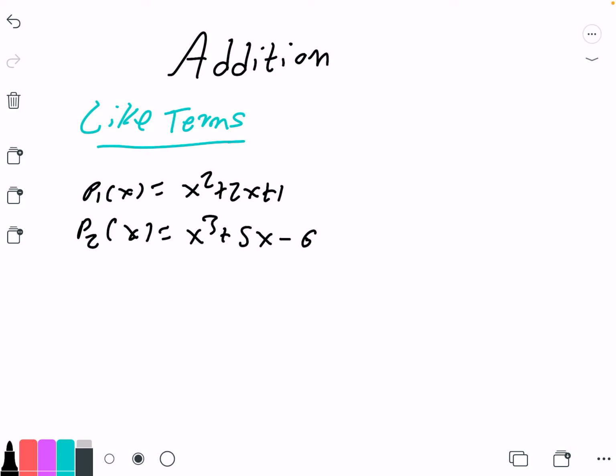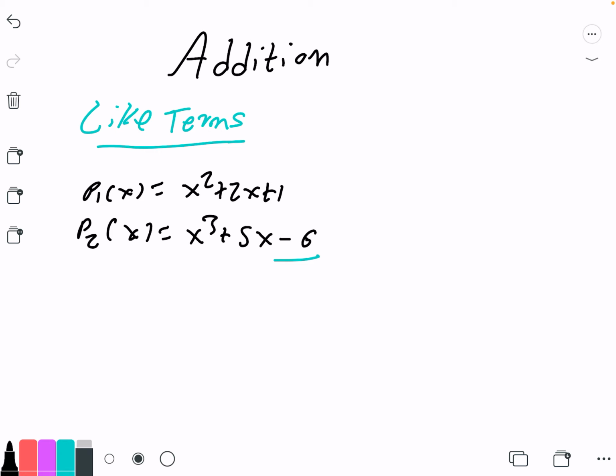I'm making these up as we go because it really doesn't matter. So, like terms means, let's consider 1. The like term for 1 in p2 would be -6 because they share the same exponent in the variable, which would be x to the 0. So we call that the degree of the term.